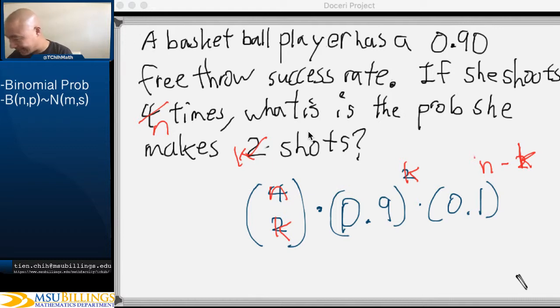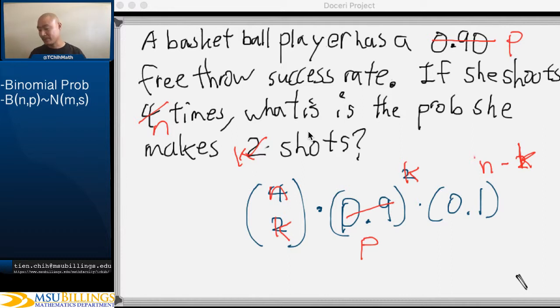Now, the one last thing we can generalize here is instead of a 90% success rate, she could have any possible success rate. She could have a 100% success rate. She could have a 0% success rate. She could have any number of successes that we can think of. And so what's different here, instead of the 0.9, we would just have p, right?